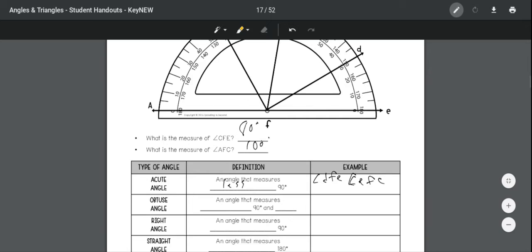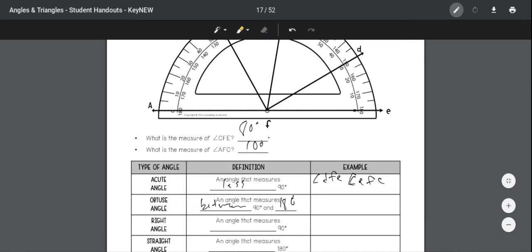Okay, an obtuse angle is an angle that measures between 90 and 180. And the reason it's between is because 90 is a right angle, and 180 is the straight line. So it has to be between those.